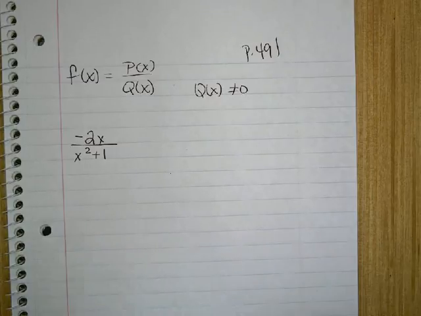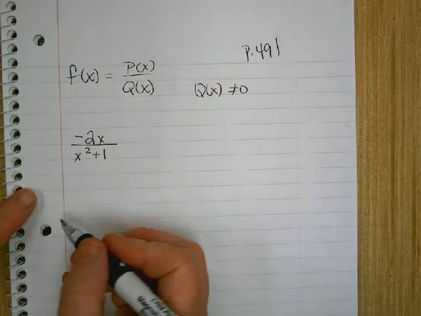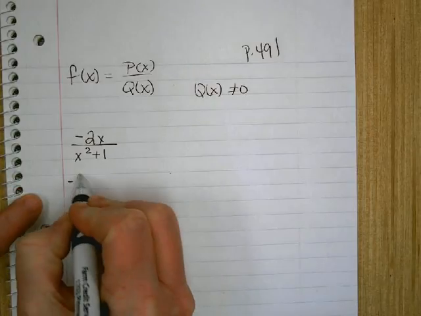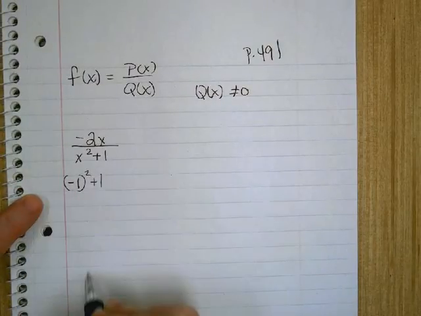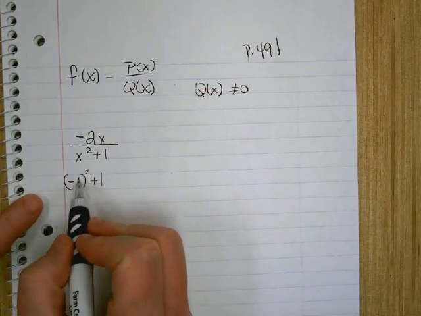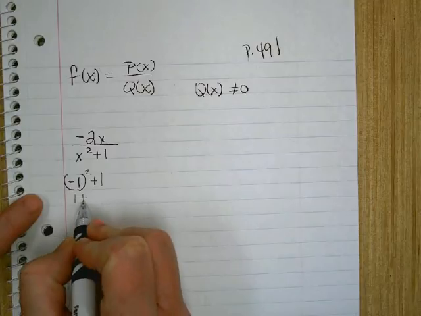What's the first number that comes to your brain that you want to try in that spot? Do you think of -1? Yeah. Okay. But actually, if you use -1 for x, does that equal 0? No, because when you square -1, you get 1, and 1 plus 1 is 2.